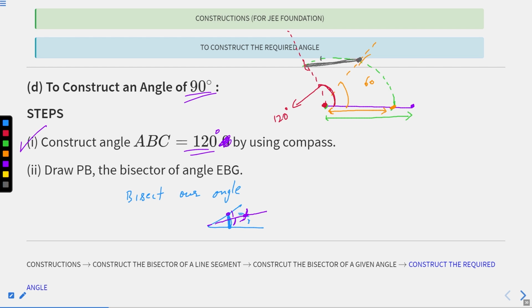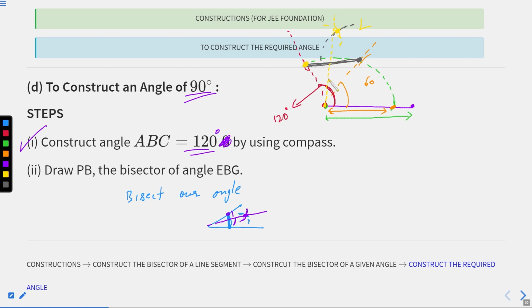So for example, take this length and make arc here with the same length, but the center shift to now here at the yellow point, making another arc which intersects this gray arc at point say L. Now join this point L to this origin or the source, and this angle will be our 90-degree angle.